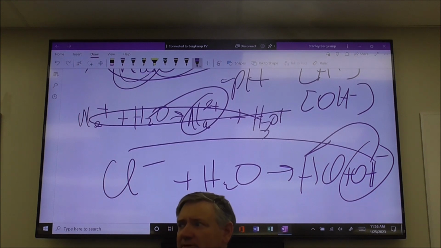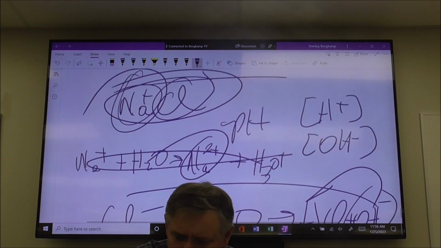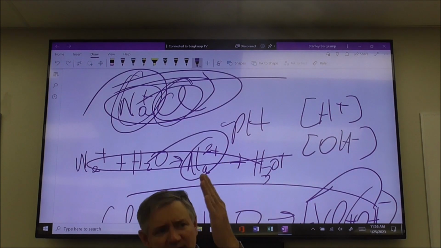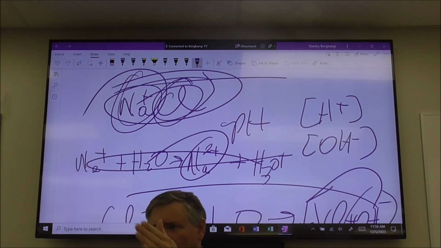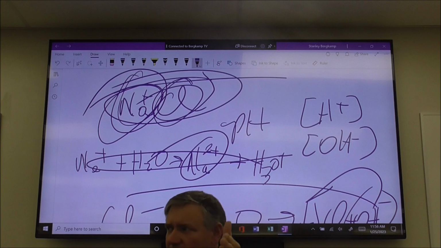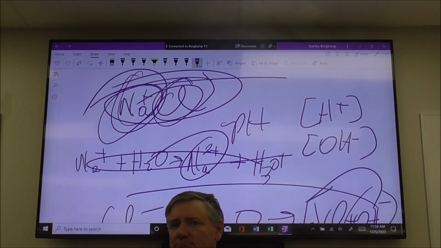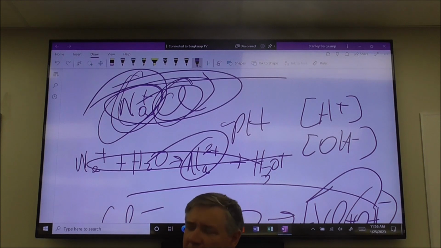It's not going to happen. Chlorine could care less about the water molecule. It's stable. It's happy. It's like, go away. I don't need you. So if the anion is the conjugate base of a strong acid, nothing's going to happen. If the cation is an elemental sodium, potassium, lithium, something like that, nothing's going to happen. Okay? So sodium chloride will be no change in the pH.